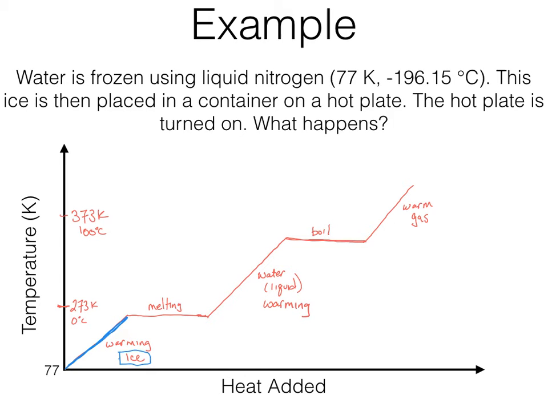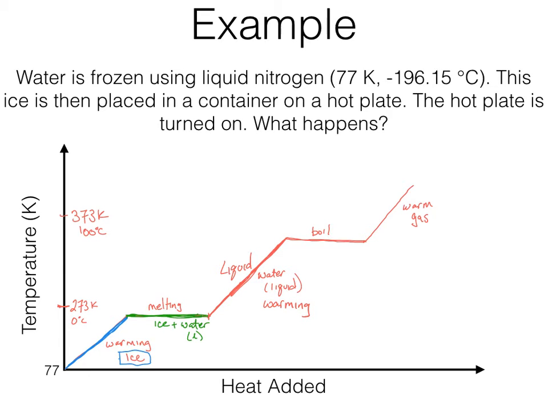Once the temperature reaches the melting point of water, then in this region, we have ice and we have water, liquid. So water solid and water liquid. Once we have added this much heat and we have melted all of our ice, in this warming region, we only have liquid.